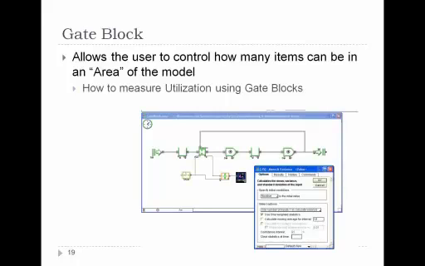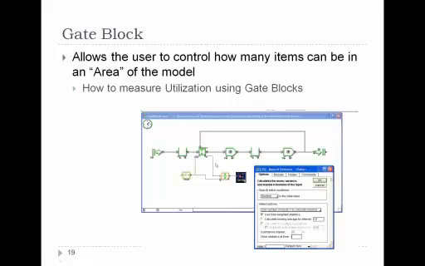It allows for a chain of queues, activities, and blocks to be grouped together so that only a certain number of items can be inside of this chain, thus allowing very complex tools to be modeled using this, because you can use the gate block to represent the whole tool as there are multiple different options within that tool.